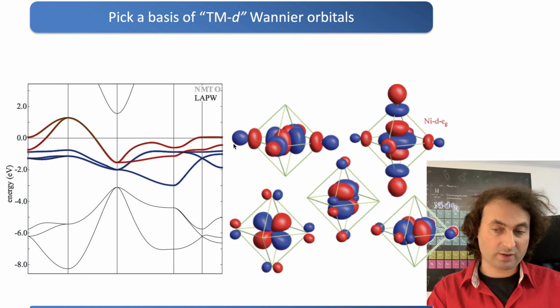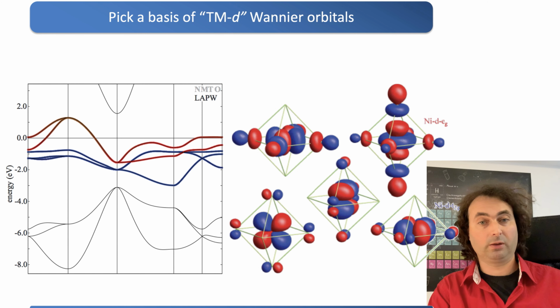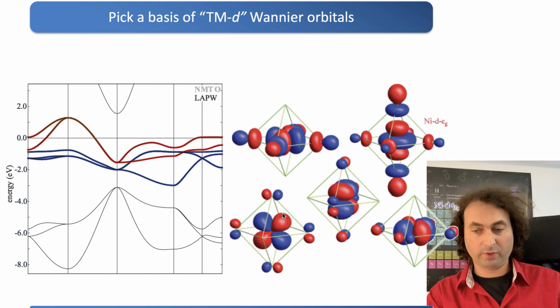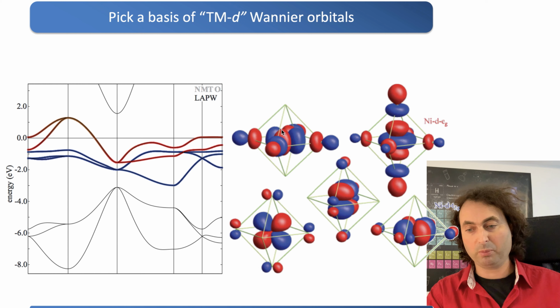So the Wannier functions that you get when you focus on the smaller Hilbert space, which would be the Hilbert space in a crystal field calculation, are the antibonding orbitals between the d orbitals and the oxygen orbitals. And you can nicely see that the t2g orbitals form antibonding combinations with the p orbitals that make a pi bond, whereas the eg orbitals make a linear combination with the p orbitals making a sigma bond.